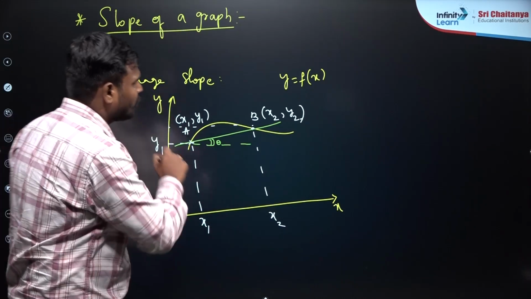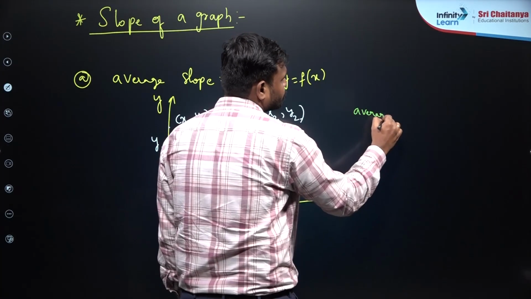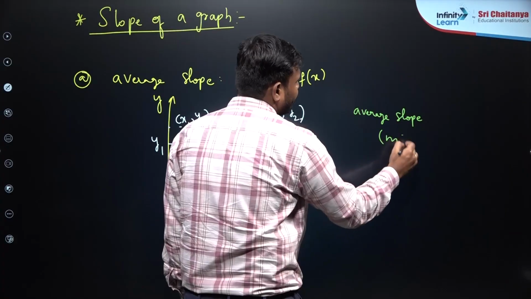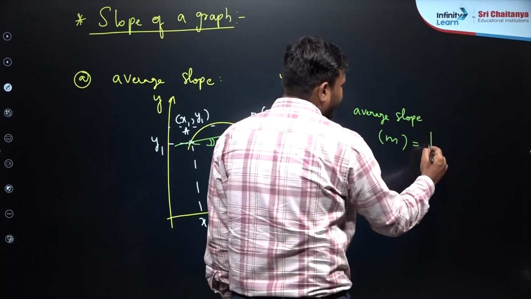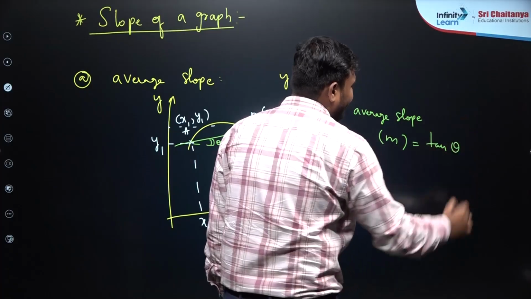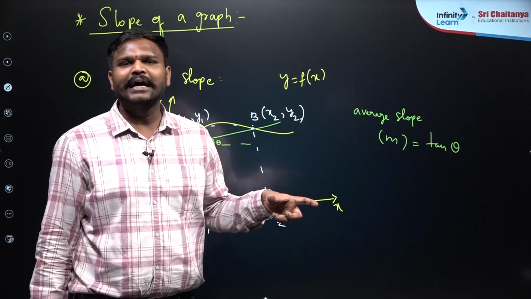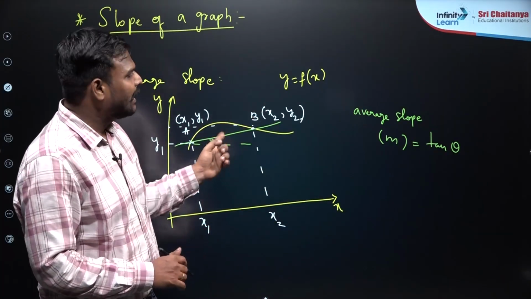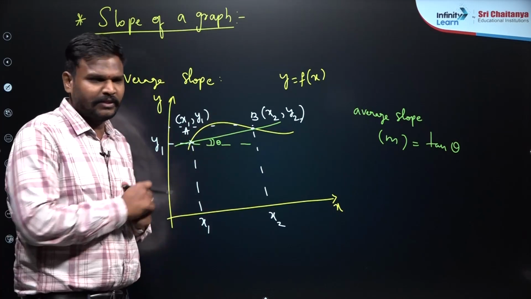So the definition of slope, and slope is denoted by letter small m. So and its measurement is tan theta, that is opposite side of the triangle by adjacent side of the triangle.